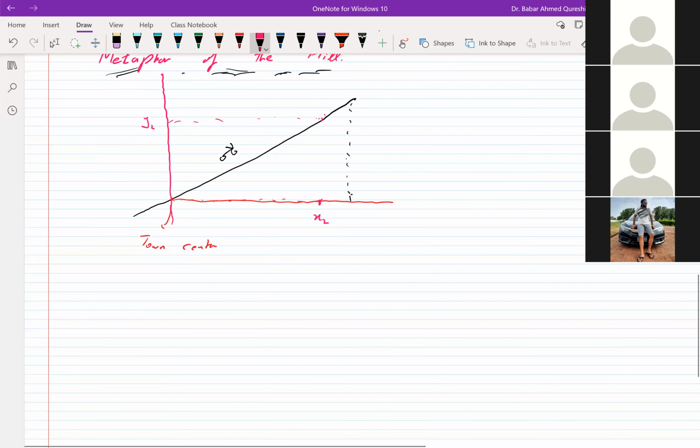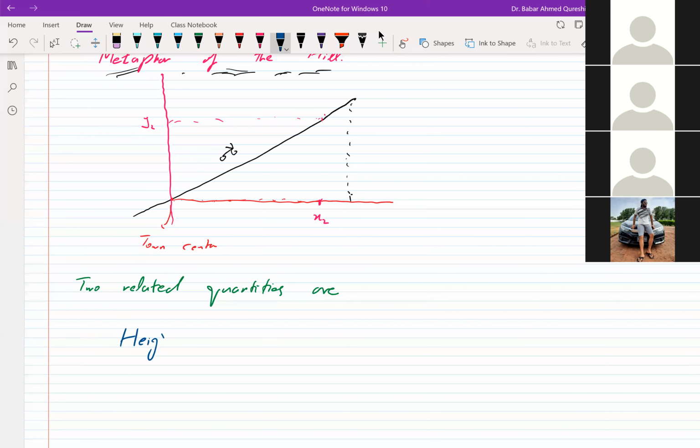So the two related quantities over here are the height and horizontal distance.